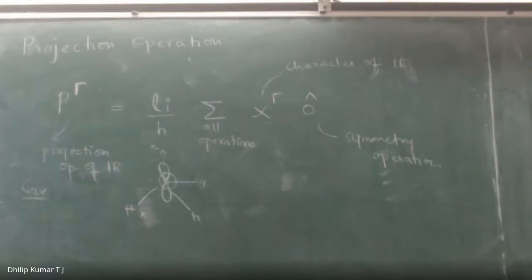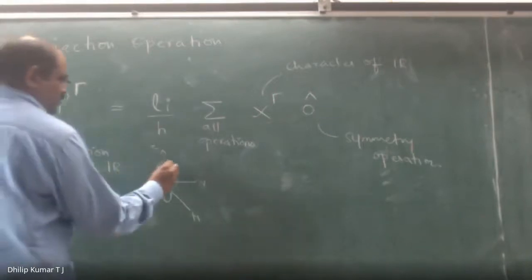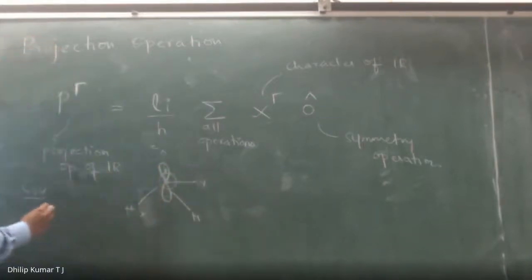Which orbital do we take? PZ orbital. So we take the PZ orbital, and then projection of which symmetry do we take? Projection of A1 symmetry. So basically, we project out the PZ orbital with A1 symmetry.